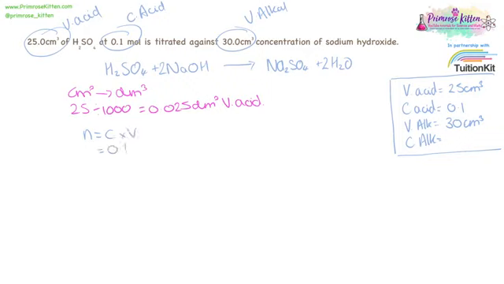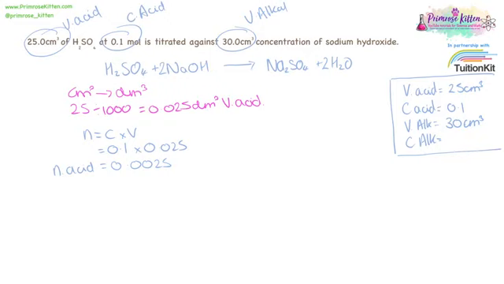Concentration of acid is 0.1 times our volume of acid, which is 0.025. So this is going to give us our n acid. And that is going to be 0.0025.